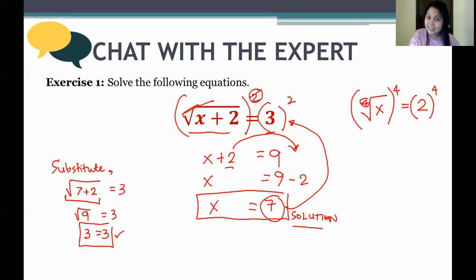Since the index and the exponent are the same, we cancel the radical sign. So what's left is only x. No more radical sign. Then 2 to the power of 4, that's 2, 4, 8, 16. So the answer is 16. x equals 16. That's it.